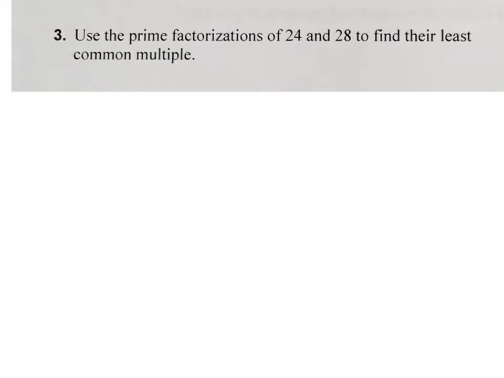Number 3, use prime factorizations of 24 and 28 to find their least common multiple. In this problem, we're going to find the least common multiple, not factor, multiple. Let's use the same numbers as in our last example, 20 and 30. The first thing you do to find prime factorizations is factor them using a tree.